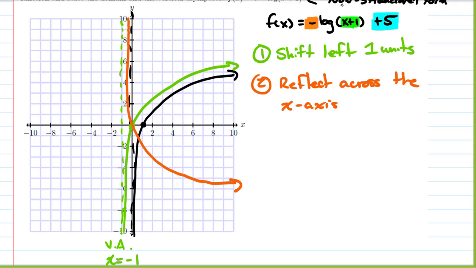And then our last thing, the plus 5, is going to shift our graph up 5 units. So we go 1, 2, 3, 4, 5. And we'll get a graph that looks something like this. So we shifted left 1 unit, reflected across x, and then we shifted up by 5 units.